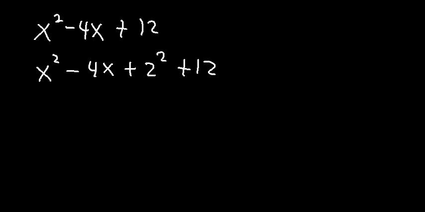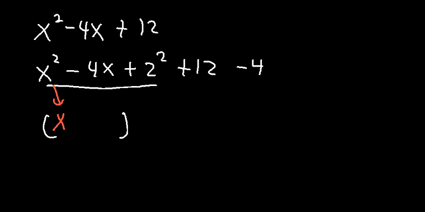And since we're adding 2 squared, which has a value of 4, we need to subtract 4 so that the expression maintains its original value. So to factor this expression, it's going to be x minus 2 squared. And 12 minus 4 is 8. That's it.